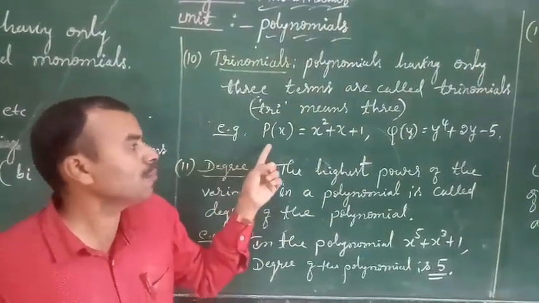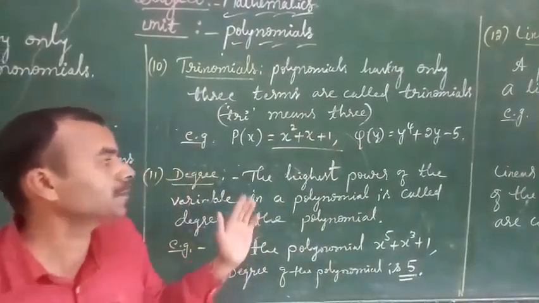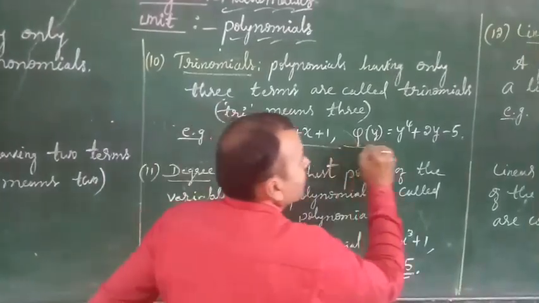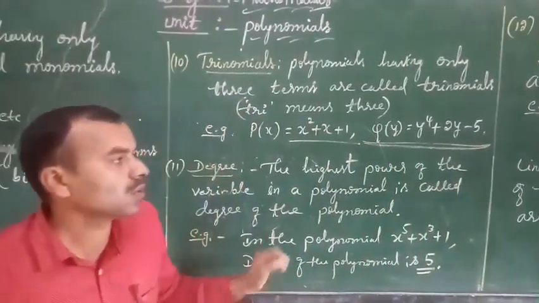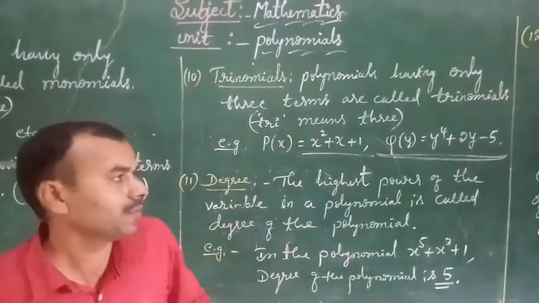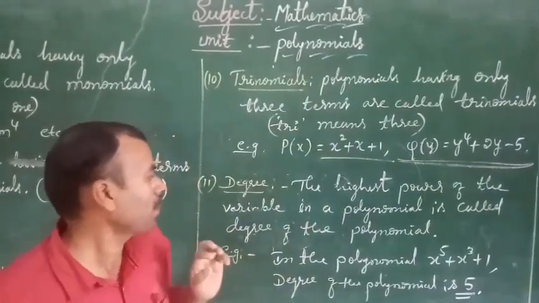For example, p of x equals x square plus x plus 1. Here there are three terms. Q of y is equal to y to the power of 4 plus 2y minus 5. Here also there are three terms.